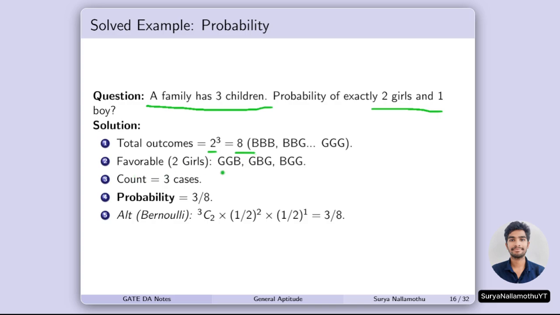The favorable outcomes are 3 and the total outcomes are 8. In this way we need to find the answer. We can also apply the Bernoulli principle to find the answer, 3 by 8.